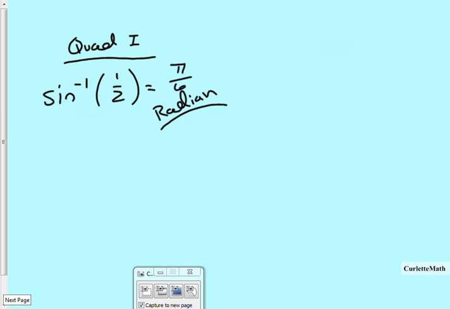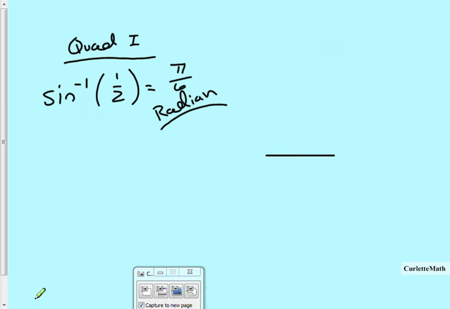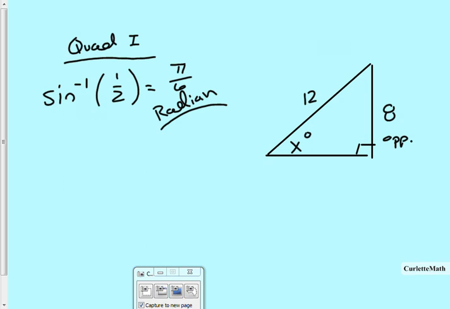Now, this isn't any new material. We went over this in years past. The problems looked like this when we did it in years past. We would have 8 and 12, and we would say, find the angle there. Well, this is the opposite side, the hypotenuse. So we would have the sine of x would equal our ratio of sides of 8 over 12.